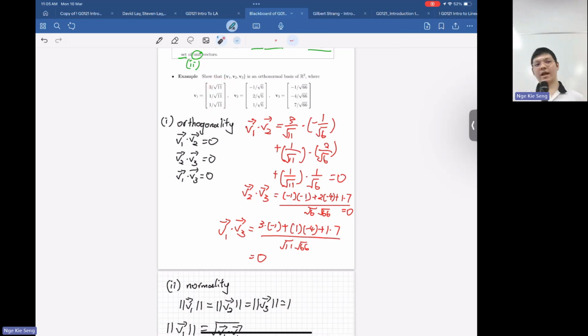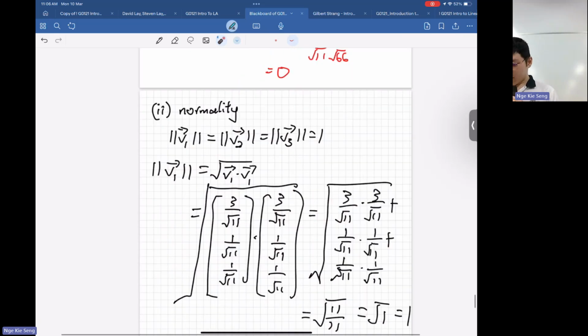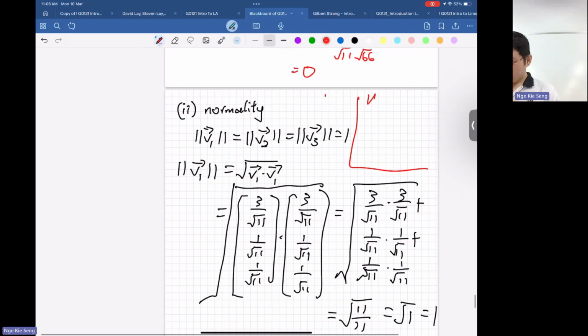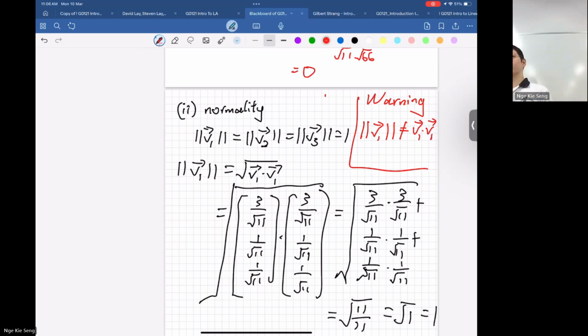Okay, so make sure that you divide by the right length. It's not the length squared, because usually students will confuse one for the other. So here, let me warn you. Warning: the length of V is not V1 dot V1. Usually students easily forget this square root. Does it make sense?